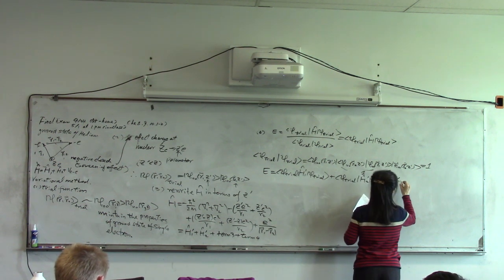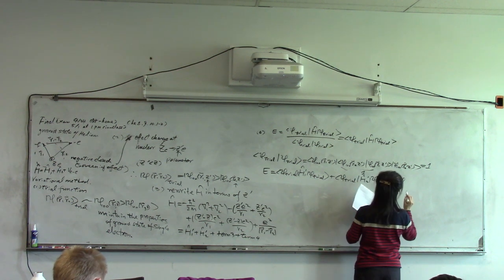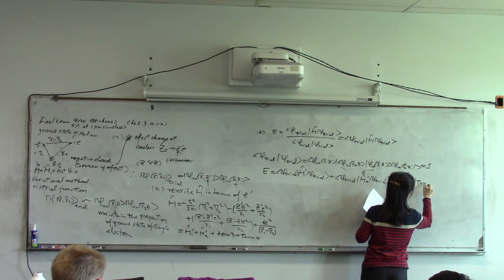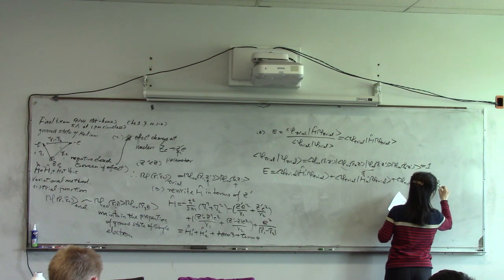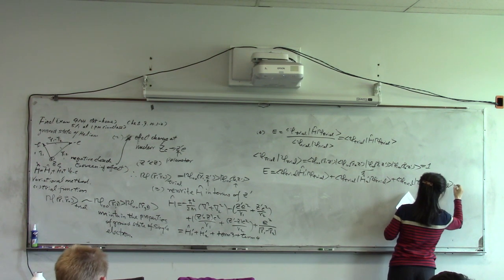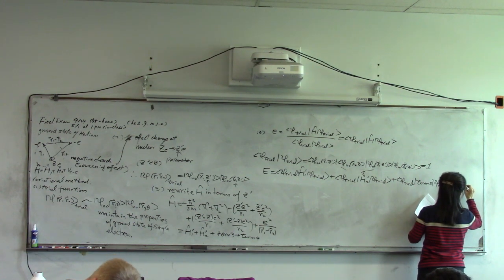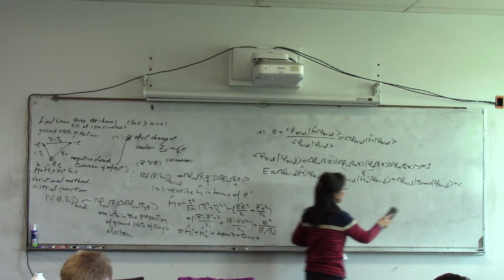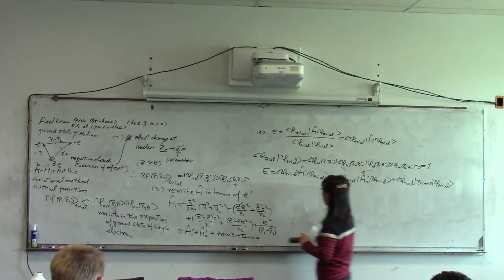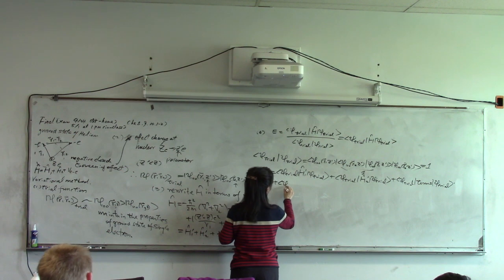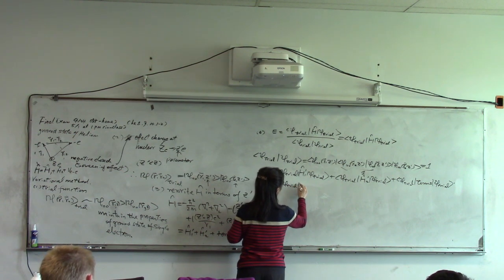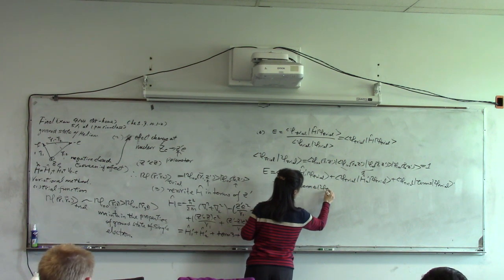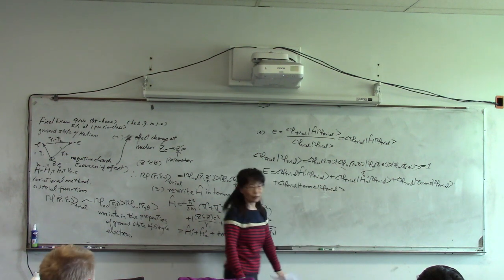Then plus the expectation value of term 3, and plus term 4. So we have 4 terms.